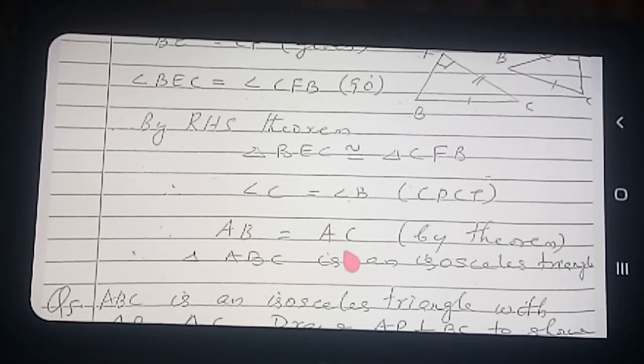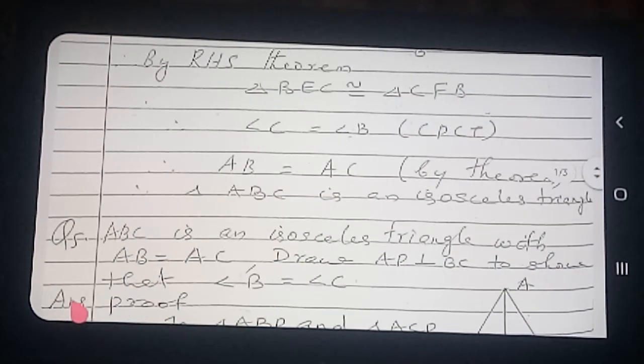Okay, have all of you completed? So now, from this exercise, last question, question number 5. ABC is an isosceles triangle with AB equal to AC. ABC is what type of triangle? Isosceles triangle, with AB equal to AC.